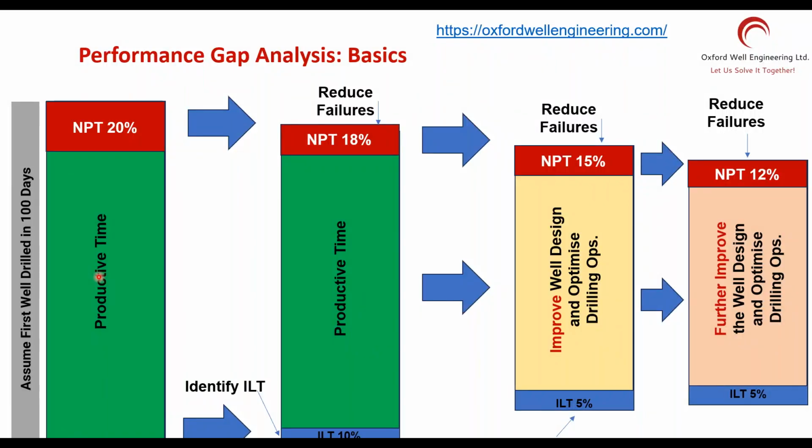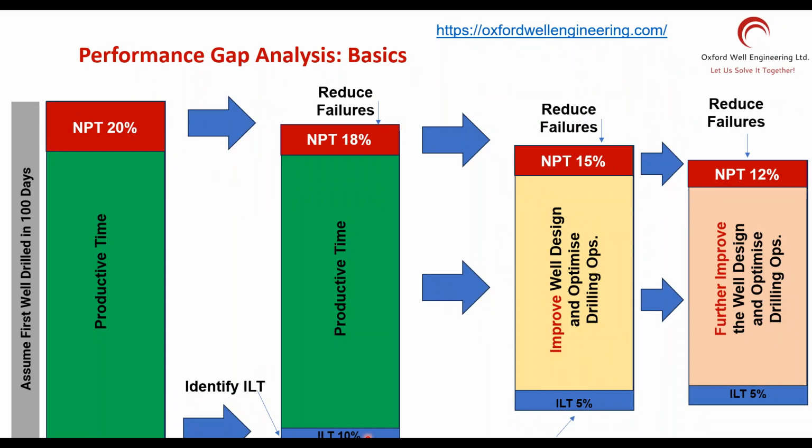20% was my failure. But in reality, this productive time carries invisible lost time. This productive time has hidden inefficiencies. We call it invisible because nobody reports it if you go conventional. If I run data technology on it, find out which KPIs are lagging, which operations were redundant and should not have been done, then out of the productive time, a part of it will come out to be ILT, invisible lost time.